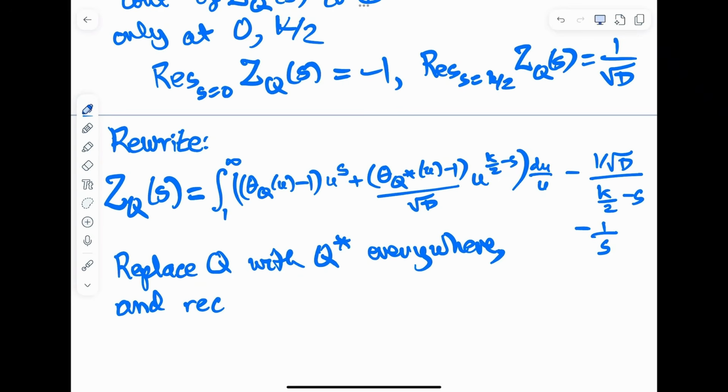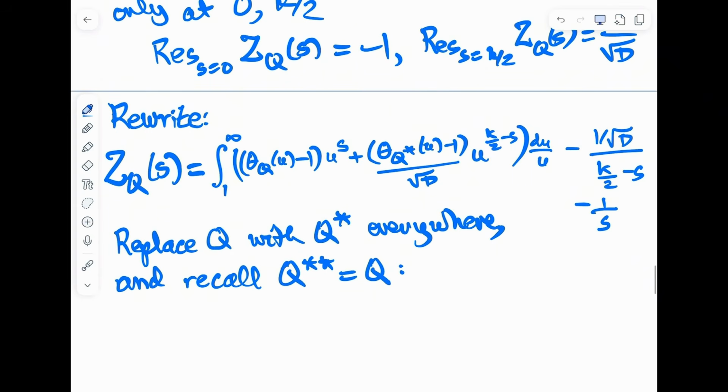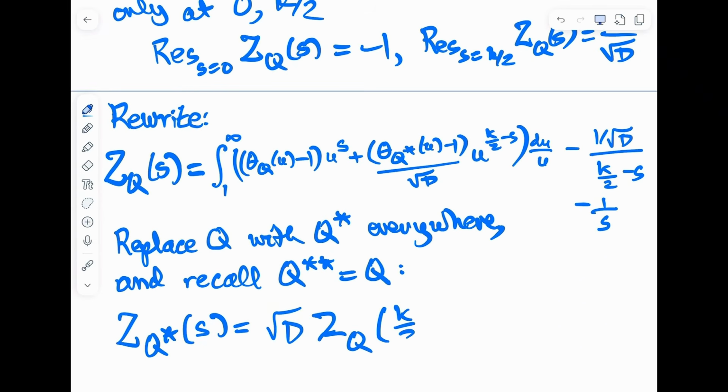And when I do that, recall if I take Q star and I star it again, I get back to where I started. So you're going to find that Z Q star of s will be root D times ZQ of k halves minus s.